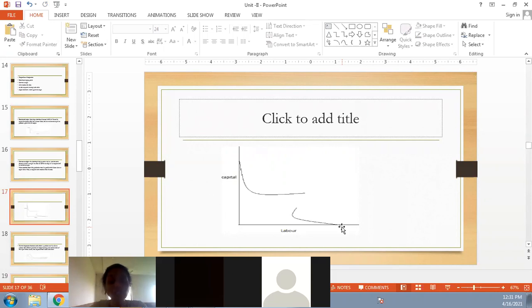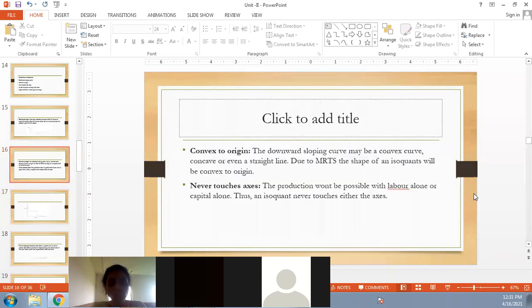Labor will process the materials, but to start the process, first certain capital should be available. So when labor might be high but capital is 0, there is no existence of any business. Because of that, we can conclude that an isoquant curve never touches either the x-axis or the y-axis.